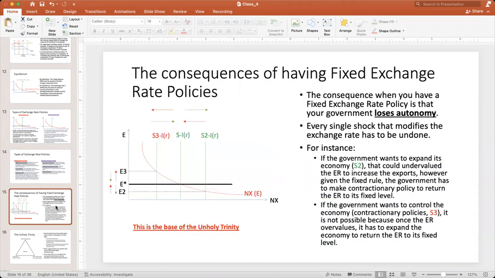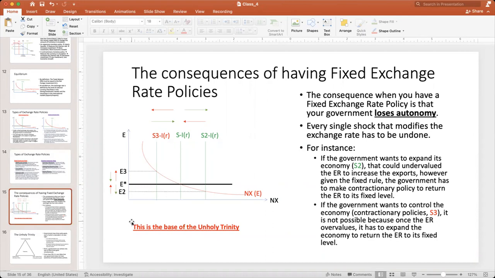But what are the consequences of having a fixed exchange rate? The first and the most important one, because it is covered throughout this chapter, is that when you have a fixed exchange rate policy, your government loses autonomy. So every single shock that modifies the exchange rate has to be undone.